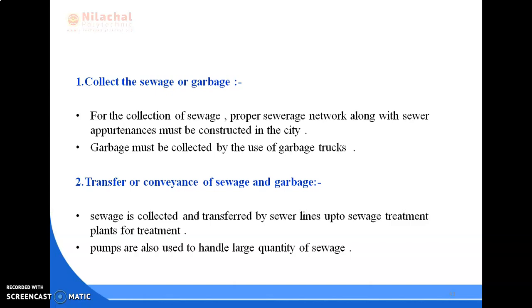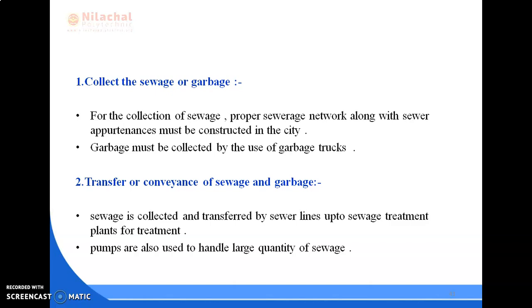Then second one, transfer or conveyance of sewage and garbage. Sewage is collected and transferred by sewer lines up to sewage treatment plants for treatment. Different pipelines or sewer lines are constructed to take the sewage.